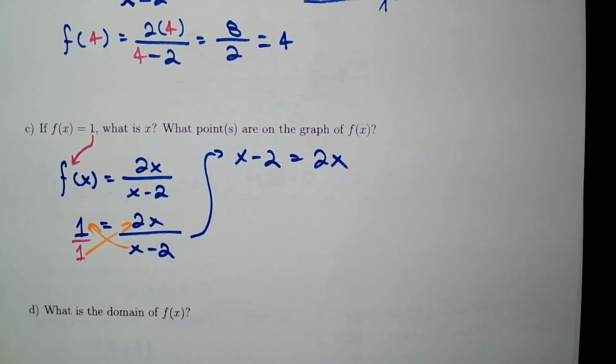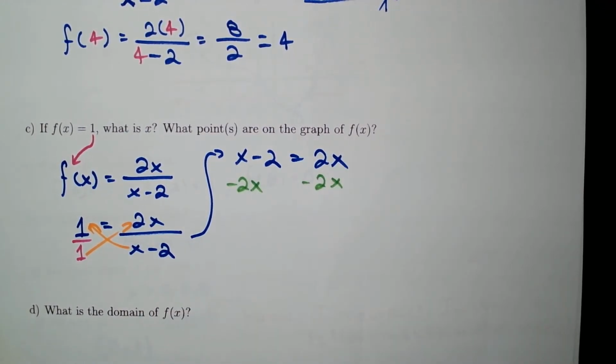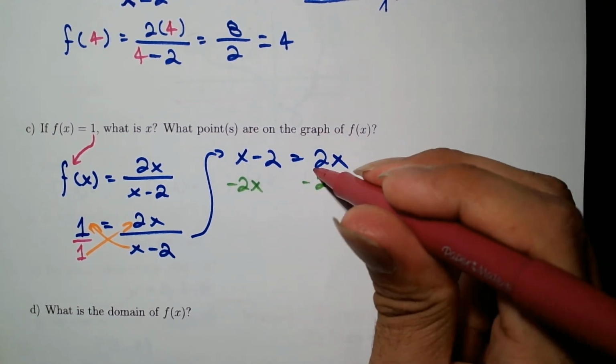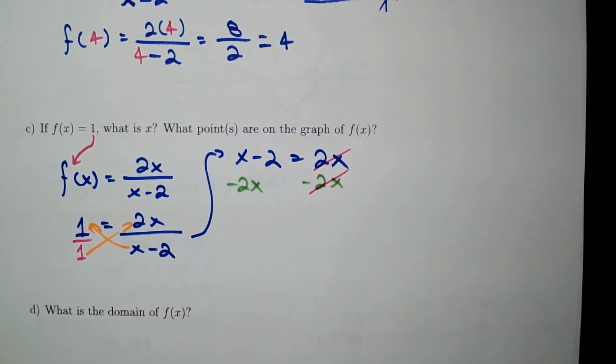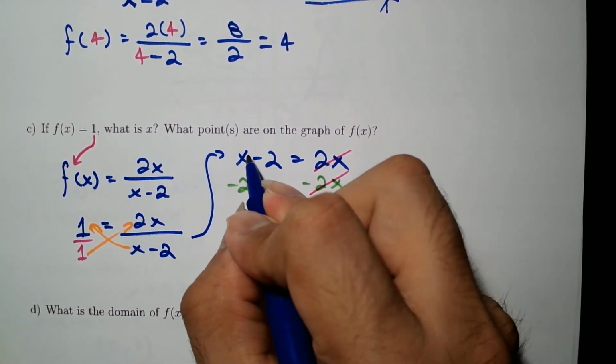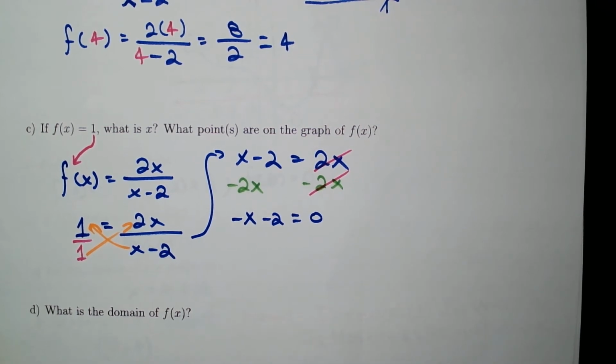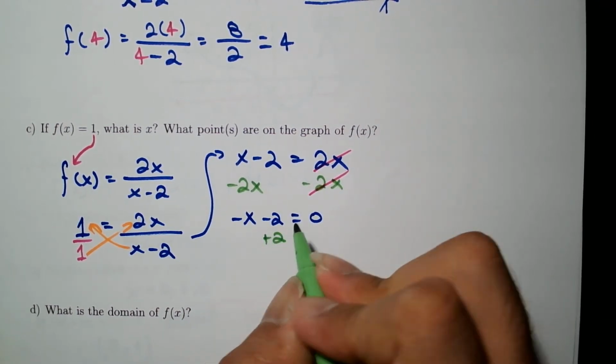I'm going to subtract 2x from both sides. That's going to give us 0, negative 2, and x minus 2x, that's a negative x. Add 2 to both sides.